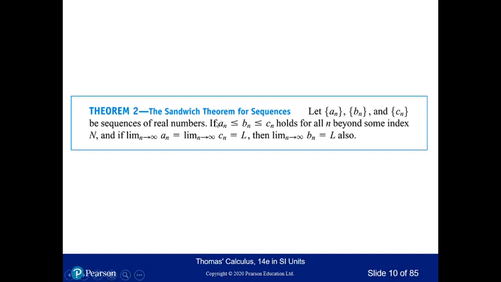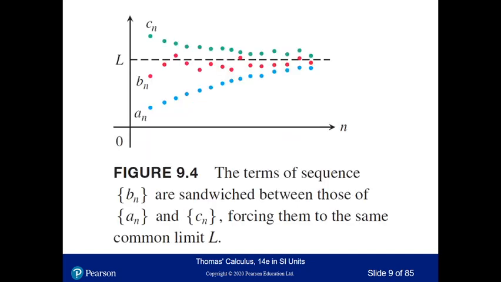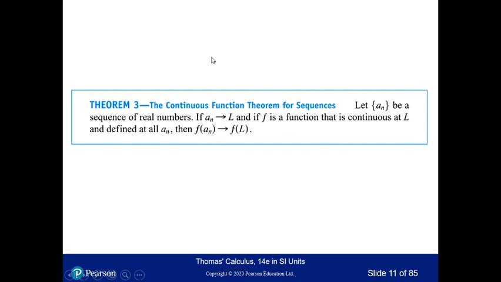And let's say a_n and c_n have the same limit L, then b_n, which is squeezed in between, sandwiched in between, is going to have the same limit. Look at the picture here. b_n is squeezed between a_n and c_n. We know that c_n and a_n go to L, so b_n has to go to L because of that.